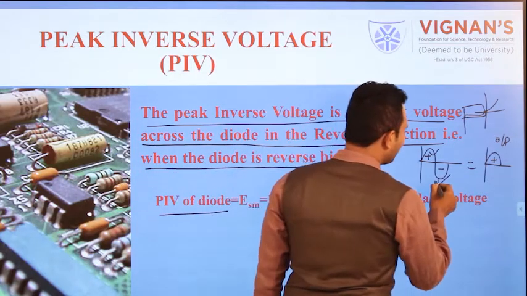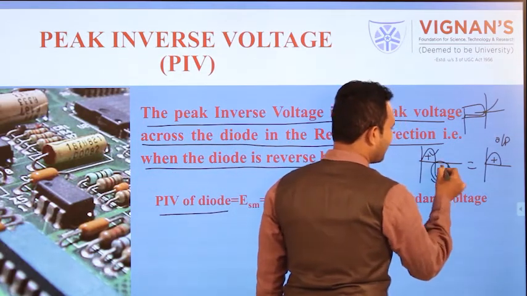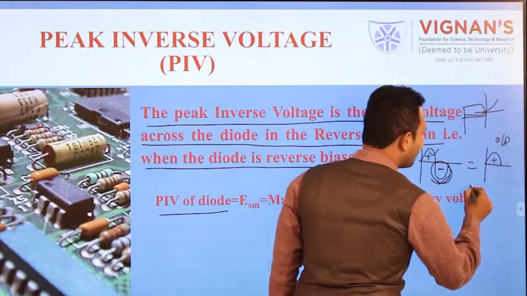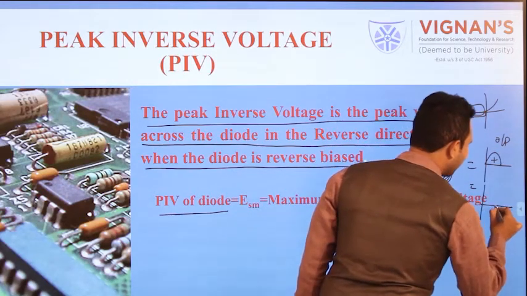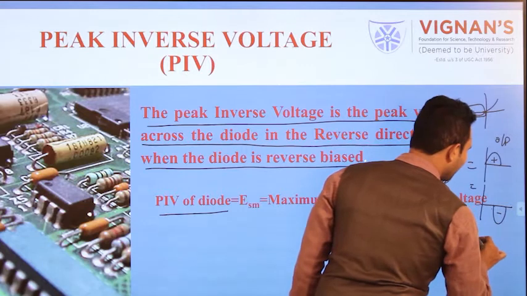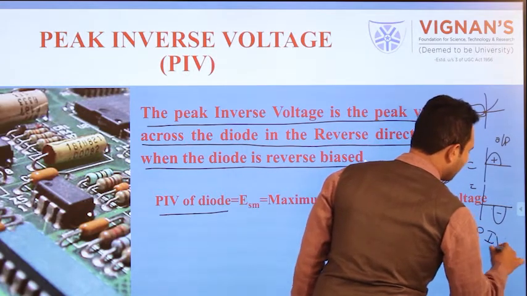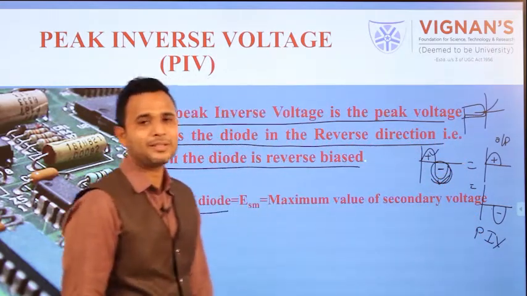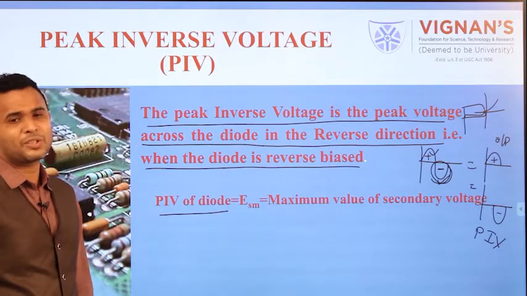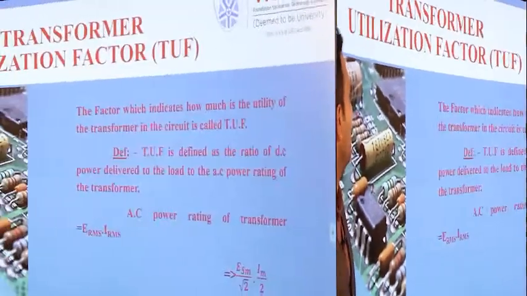Here the peak inverse voltage is only the negative peak. So we can write PIV, peak inverse voltage, as the negative peak. This is the simple definition for the peak inverse voltage.